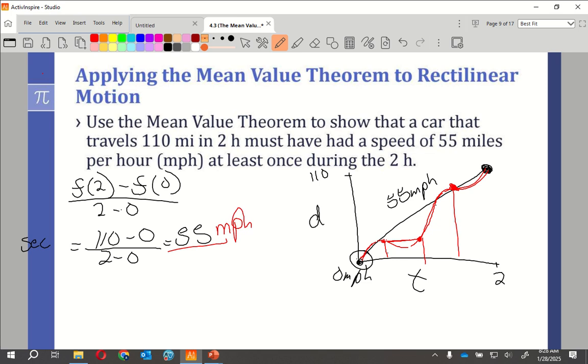I can go more, go less, but it averaged out to be 55 miles an hour. Because that's what my secant line told me. Does that make sense or nonsense? Does the story help? Because yes, I'm traveling, and yes, I know on a long trip I'm never going to actually make it all the way there without making 2 restroom stops. So, anyway.